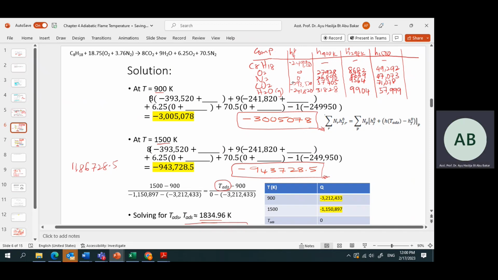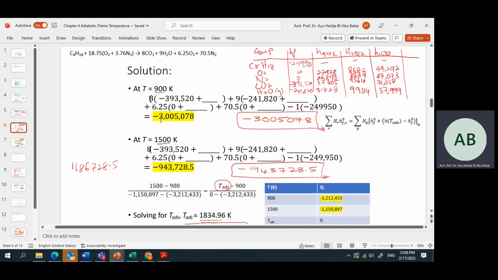So it's 393. Okay, so if you get the figure from the table correct, then your calculation should be correct. So the step is correct.